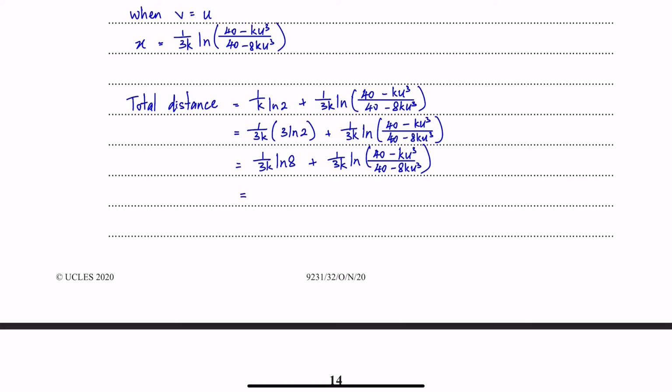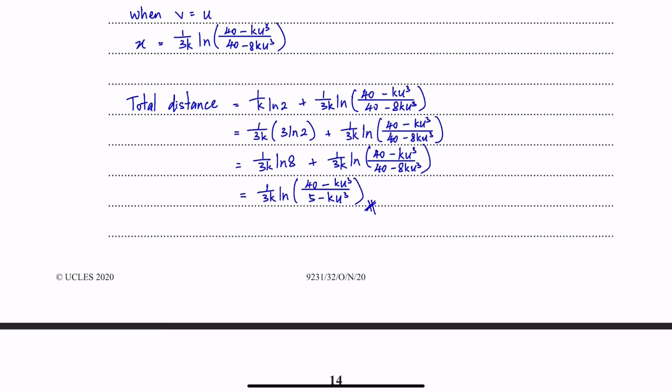Okay, now we can finally combine both of them. So we just take 8 times this term over here, and we get 1 over 3k ln of 40 minus ku cubed over 5 minus ku cubed.